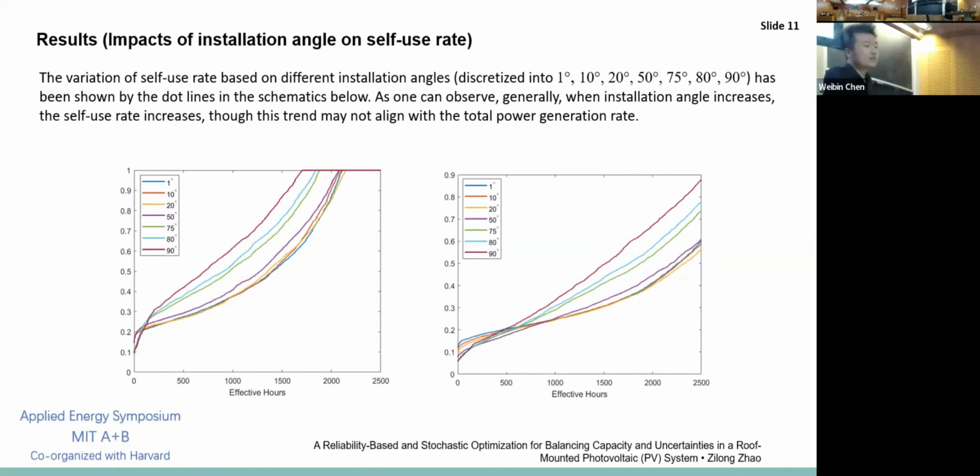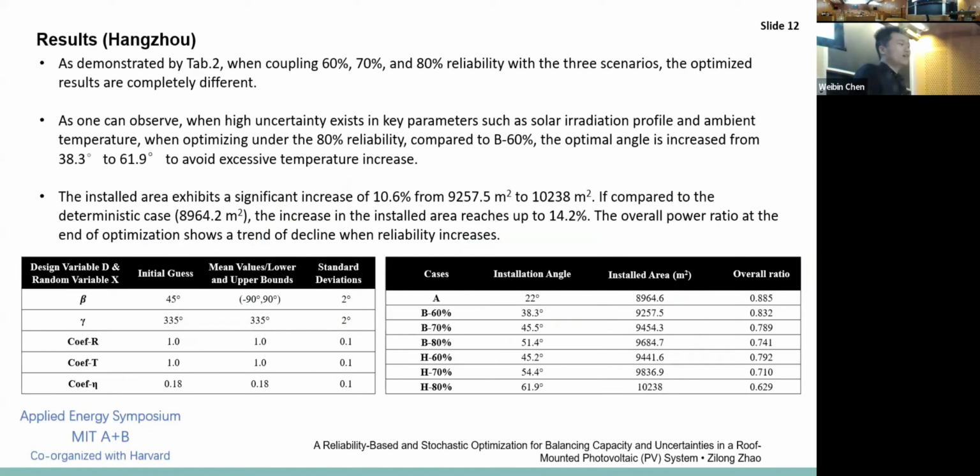In general, when the installation angle increases, the self-use rate increases, but this trend may not align with the total power generation rate, which is why we need to compromise between different objectives.